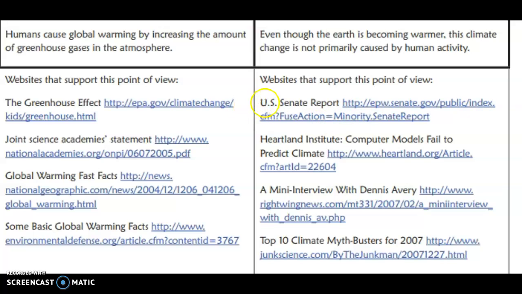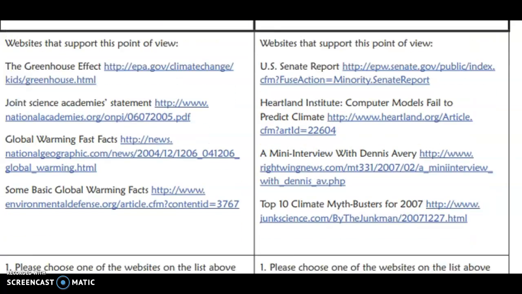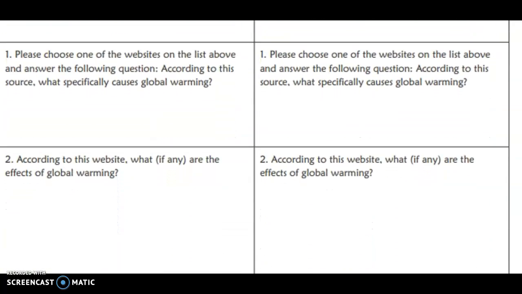So whether it's the U.S. Senate report, the Heartland Institute, computer models fail to predict climate, or global warming fast facts, please make sure that you indicate in box number 1 which website you use. Just the name. You do not need to write out the entire web address, okay?